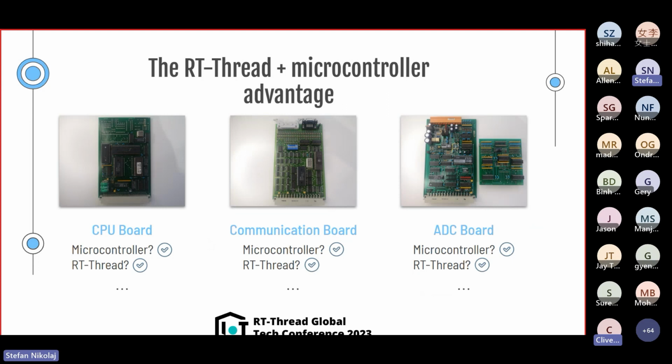So these are the three main processing boards in the PLC. It consists of 6 I/O boards and these 3 processing boards, of which one is the microprocessor board, one is the communications board, and the third is the ADC board.